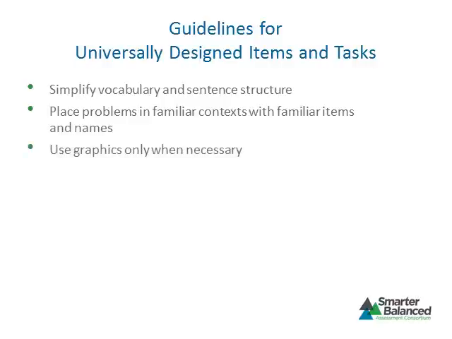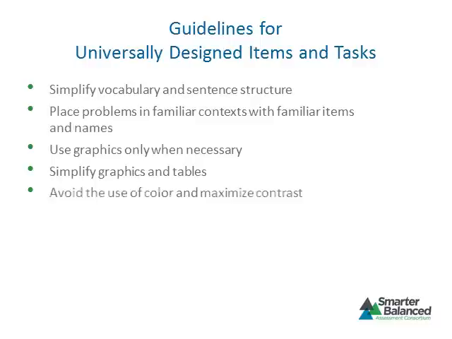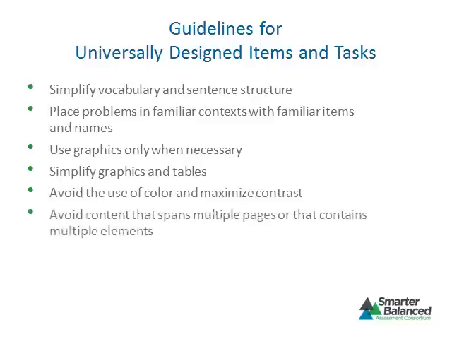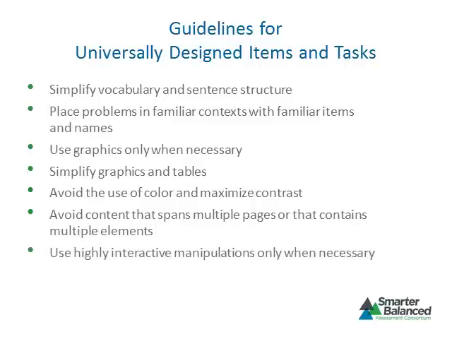Use graphics only when necessary. Simplify graphics and tables. Avoid the use of color and maximize contrast. Avoid content that spans multiple pages or that contains multiple elements. Use highly interactive manipulations only when necessary. And identify terms and visuals that should not be altered.